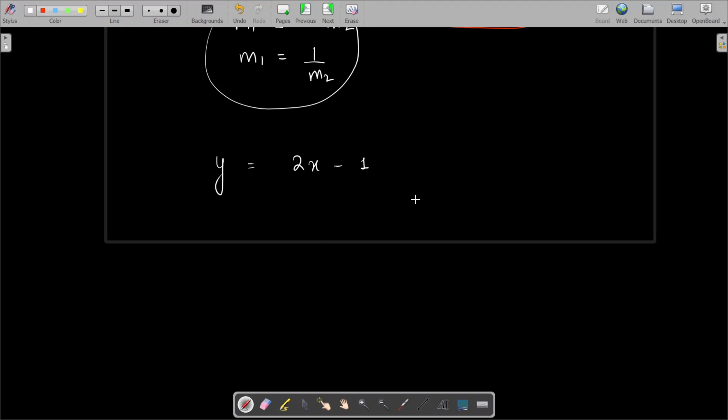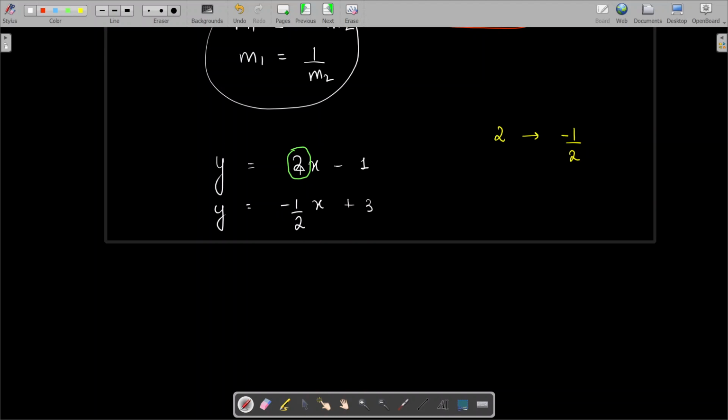So I'm writing y equals something times x plus 3. What will be the slope of this line? First of all, the slope of my first line is 2. So the slope of the second line is going to be the reciprocal of 2, that is 1 over 2, and it will be opposite, so multiply by negative. So this is going to be the slope of the second line.